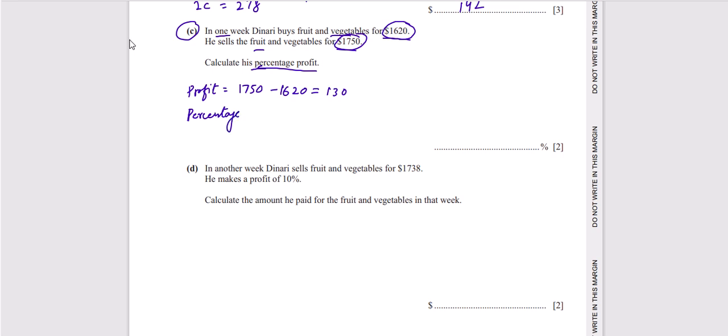The formula for percentage of profit is profit divided by CP, that is cost price, multiplied by 100%.